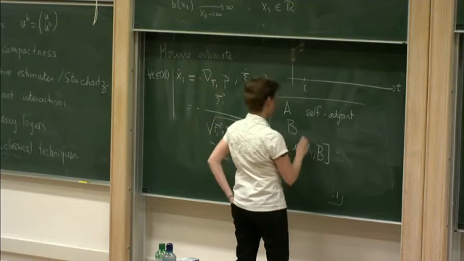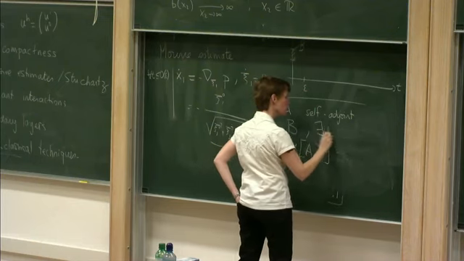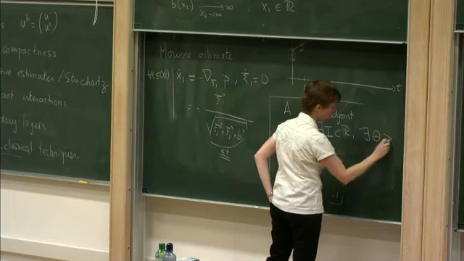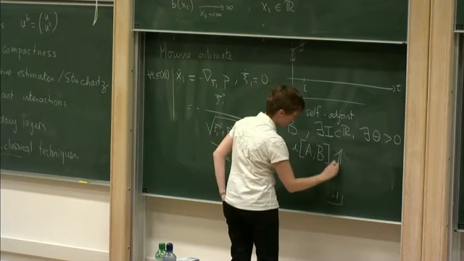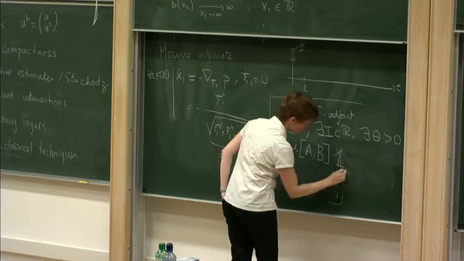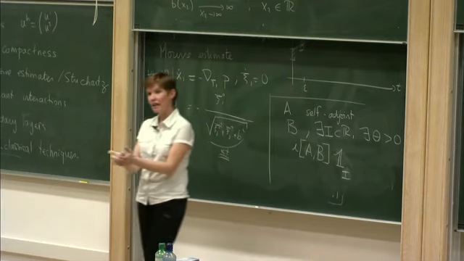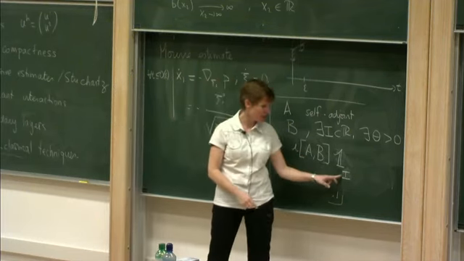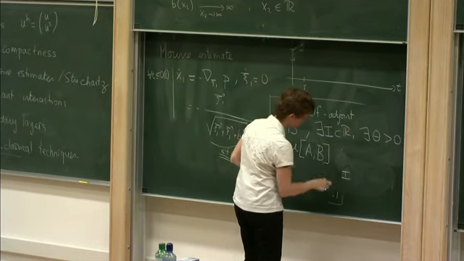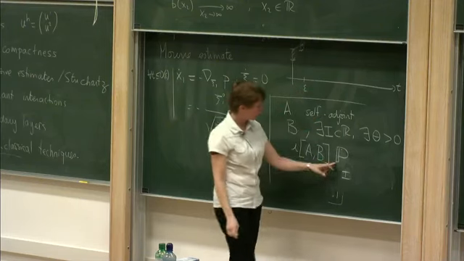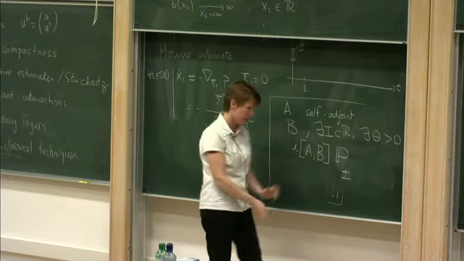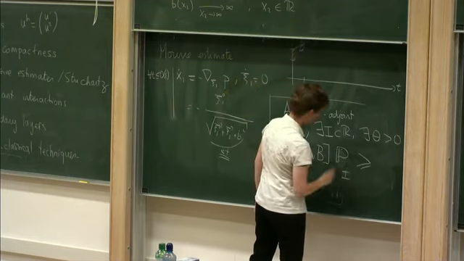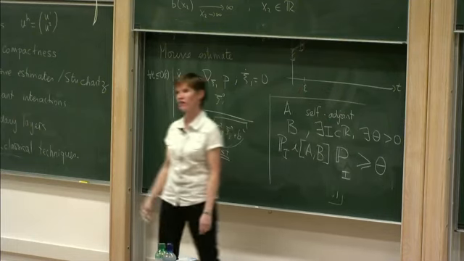Not always, but I want to assume that there is some interval I in R, and there is a positive constant theta, such that if I place myself spectrally, I assume the spectrum of A is in I, so I take the spectral projector of A onto this interval I, and I assume that this bracket is always larger than this theta.